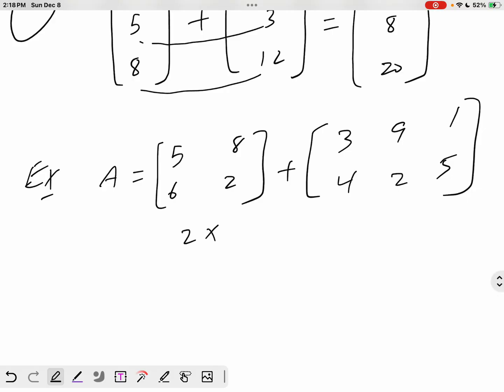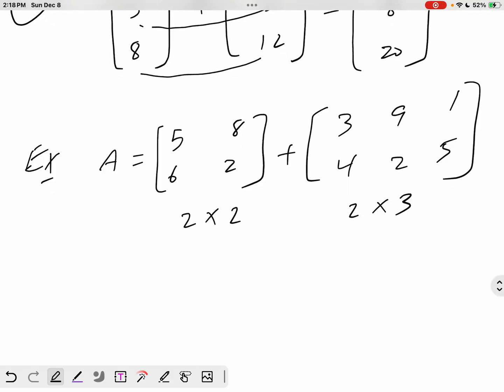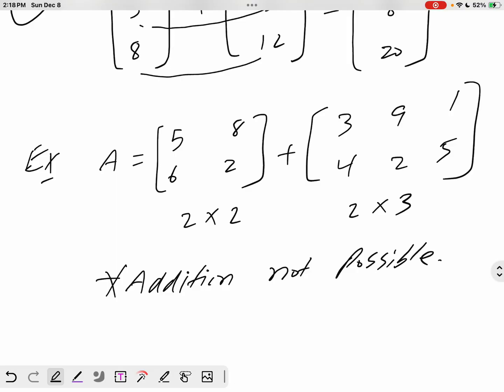If you look, this one is a 2 by 2 and this one is a 2 by 3. So A and B cannot be added. Addition is not possible because the dimensions are different.